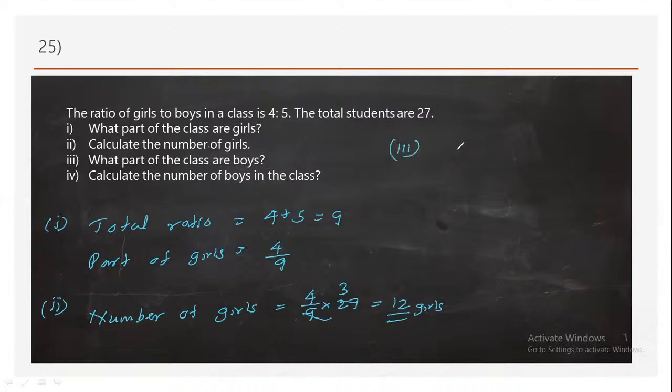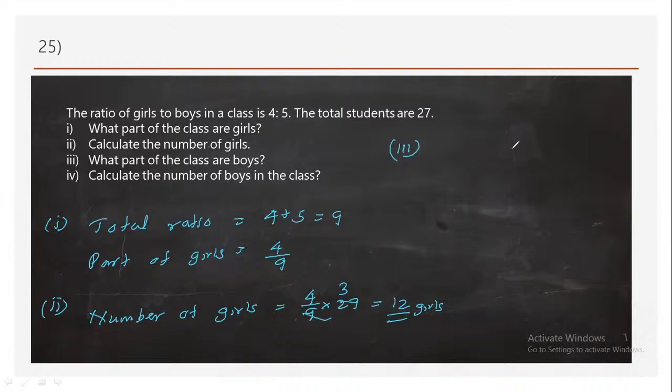What part of the class are boys? So when we take the boys part, 5/9. Sorry, they are asking what part of the class are boys. This is for the third part of this. The third one asks only the part of boys. From the total ratio, you can write the part of boys here.